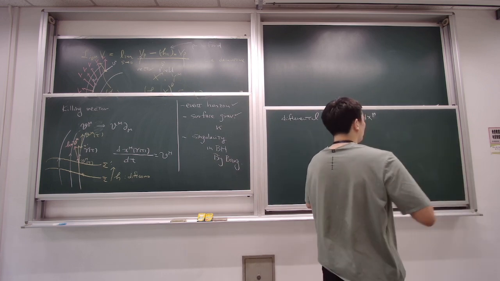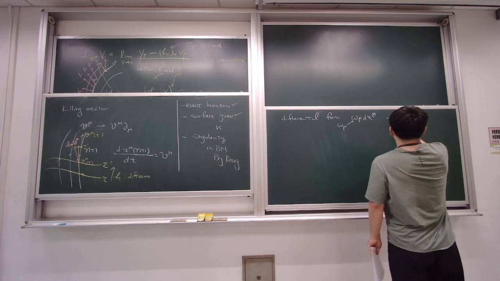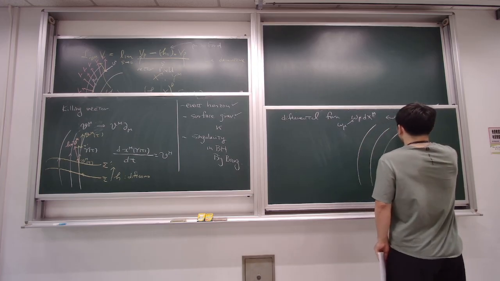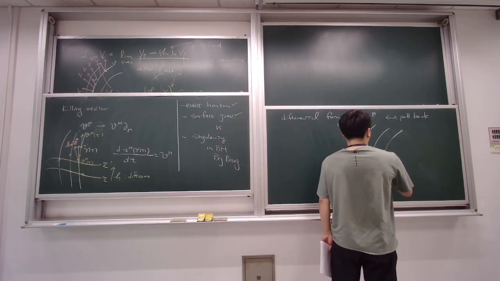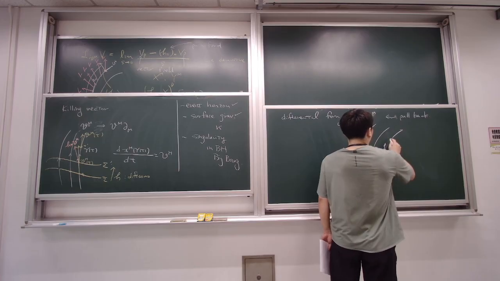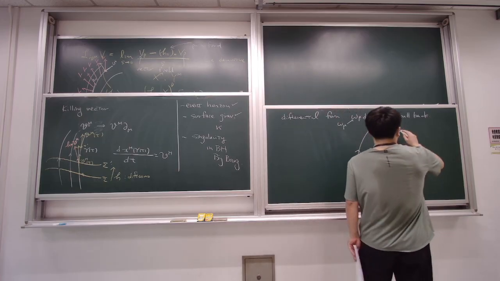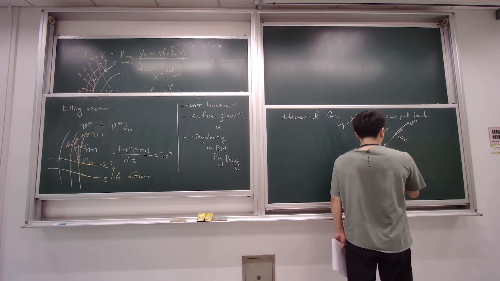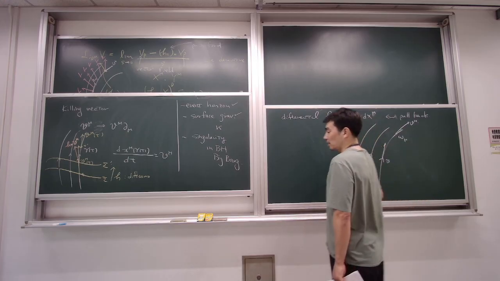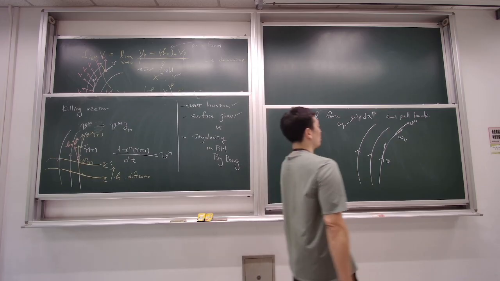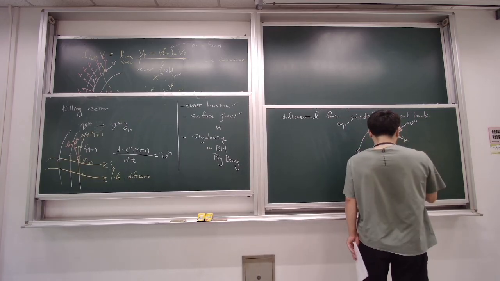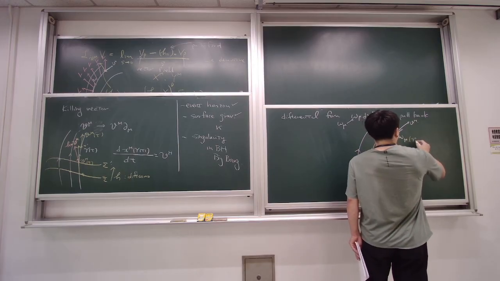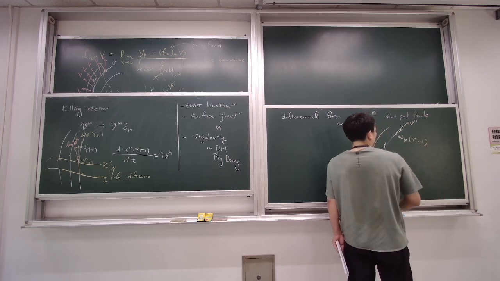For a differential form you can do the pullback. With the same diagram, you have a flow of the vector field V. From this point you have ω_μ at p, and also ω_μ at γ_s(p), and you can pull this one back into here.